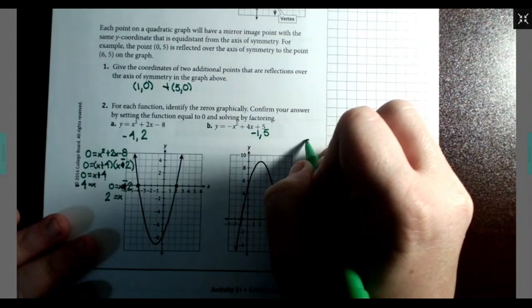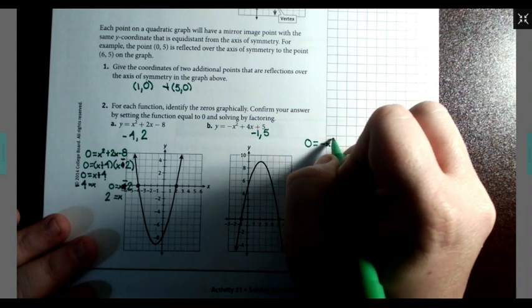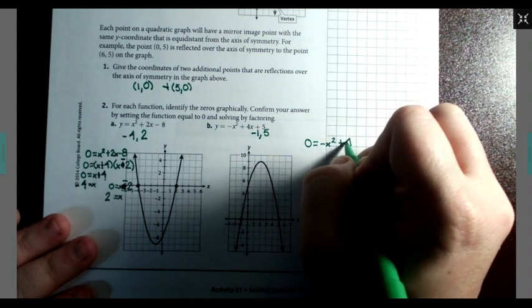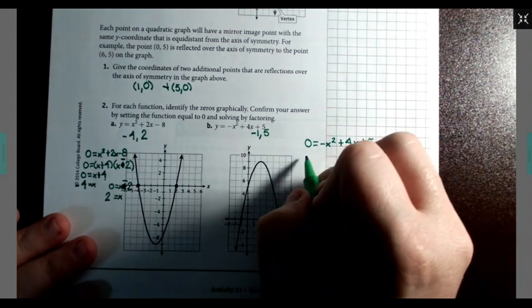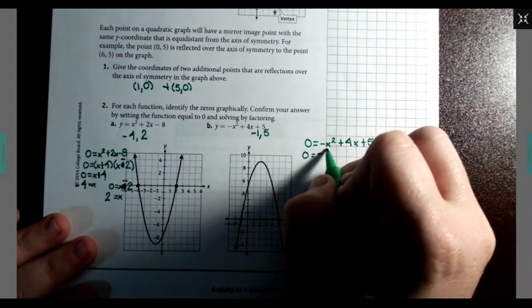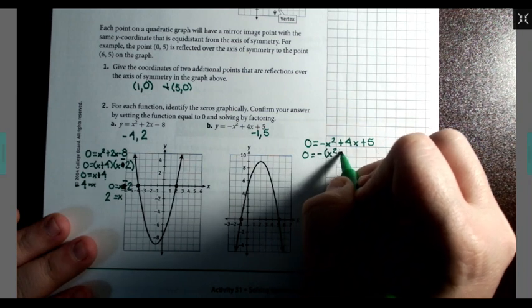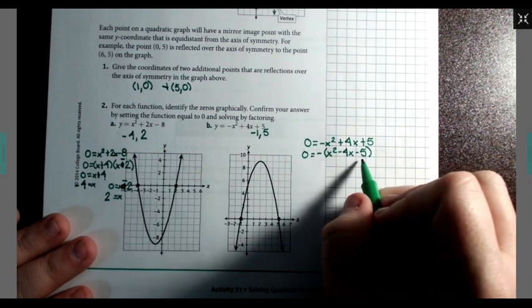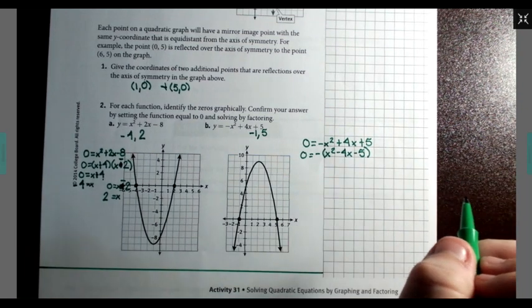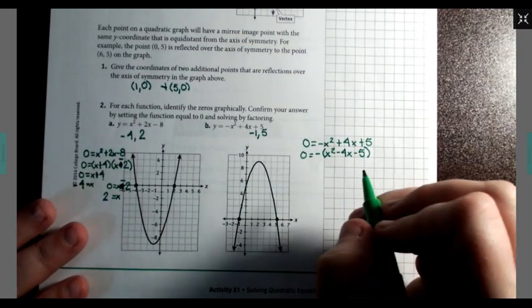All right. 0 equals negative x squared plus 4x plus 5. Well, I don't like my x squared to be negative, so I'm going to factor that negative out. So I got x squared minus 4x minus 5. What two numbers will multiply to give me a negative 5, but when added will give me a negative 4?